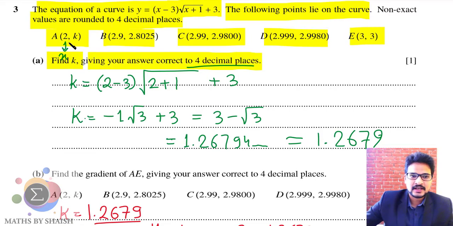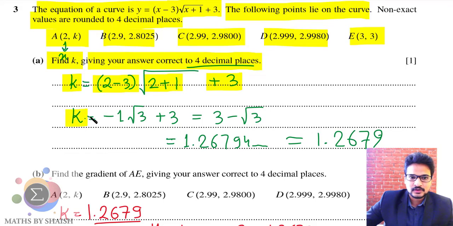So k comes in point A, and A has x as 2 and k as y. So it means in this equation, since they lie on the curve, we can simply put x value as 2 in this, and we'll get the y value, and the y value corresponding to 2 is k. So it becomes k equals 2 minus 3 root 2 plus 1, because I simply substituted x as 2, and plus 3 outside.